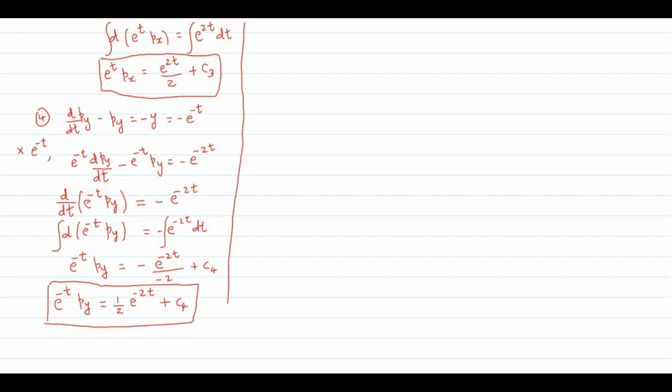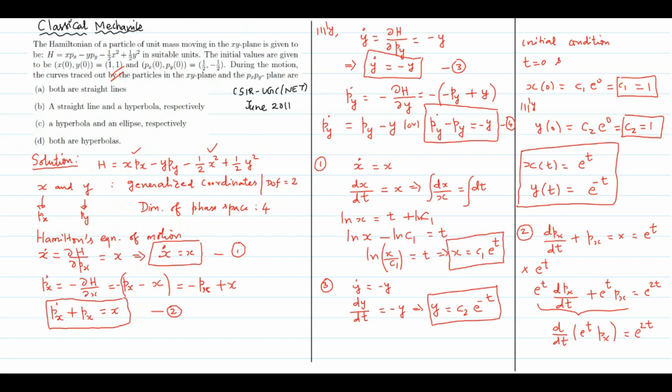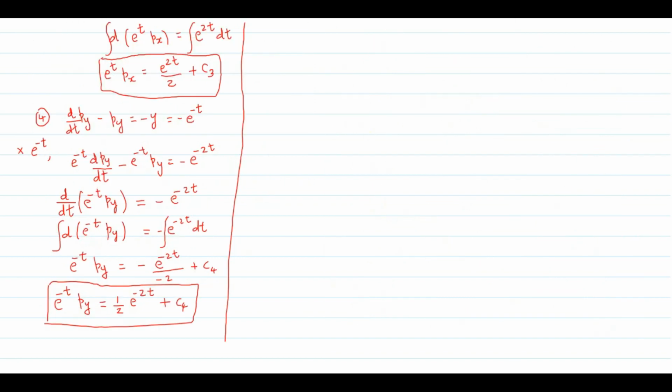Let us substitute the initial condition given above, in the previous page. When I put t equal to 0, p x of 0 and p y of 0 take half and minus half. So at t equal to 0, that is the initial condition. Now what is p x of 0? It is half. p y of 0 is minus half.